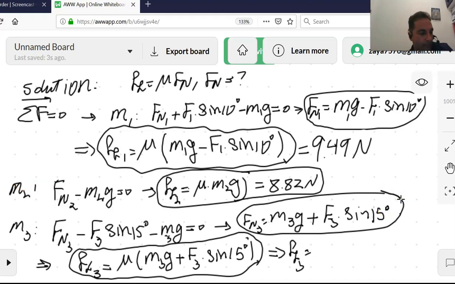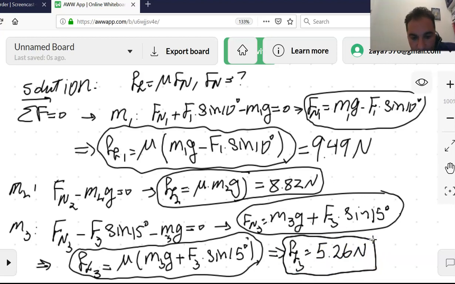So sine 15 times 0.3, 5.26. Is that correct?